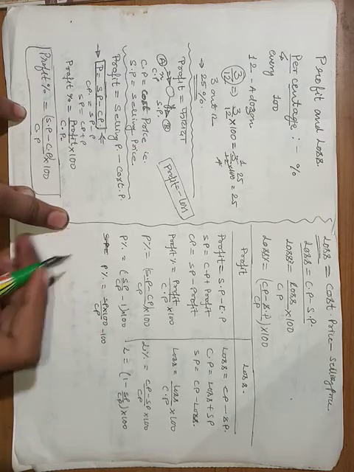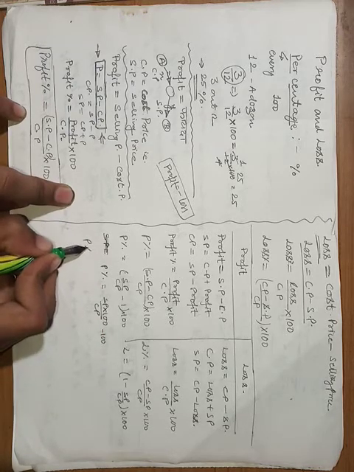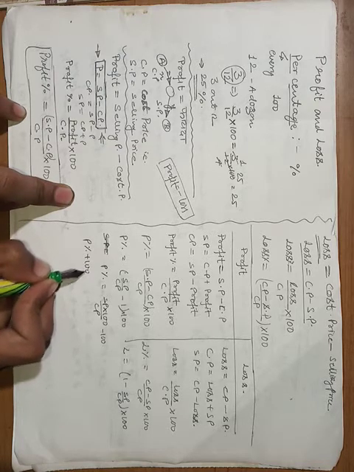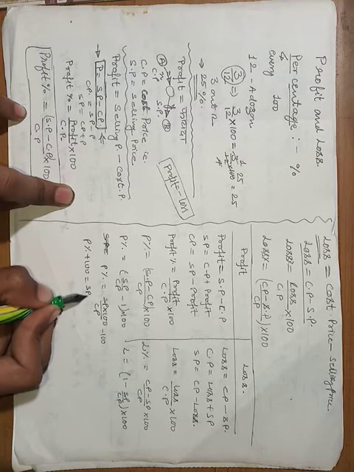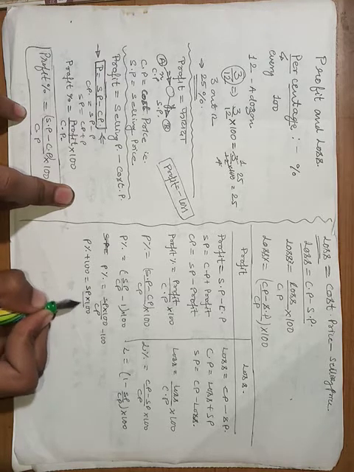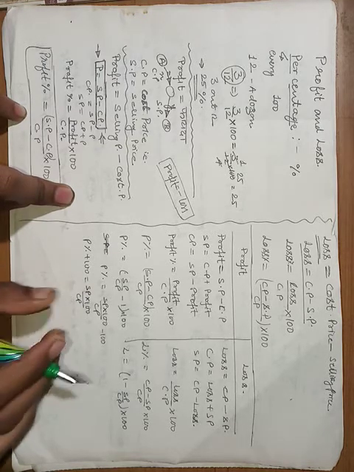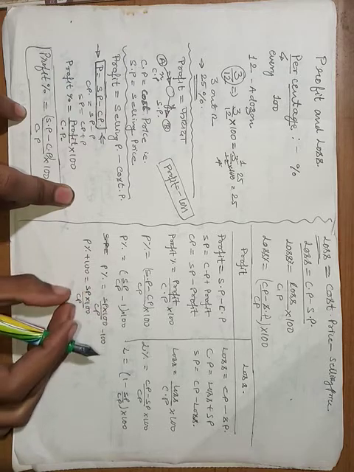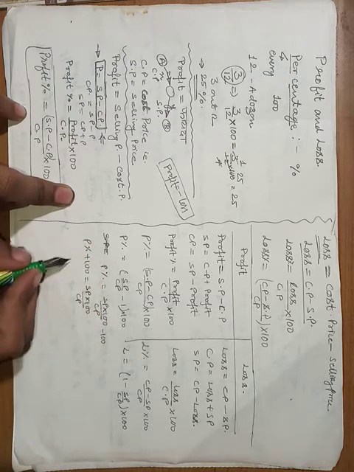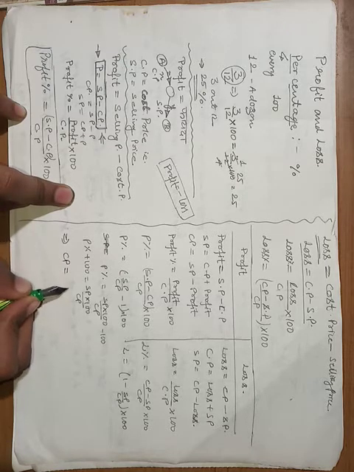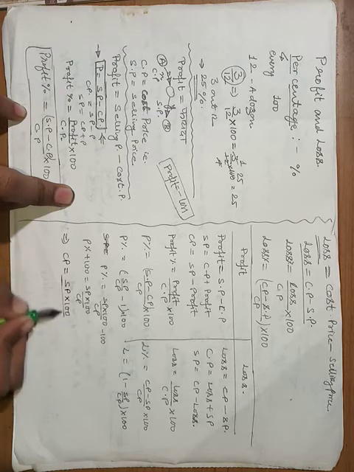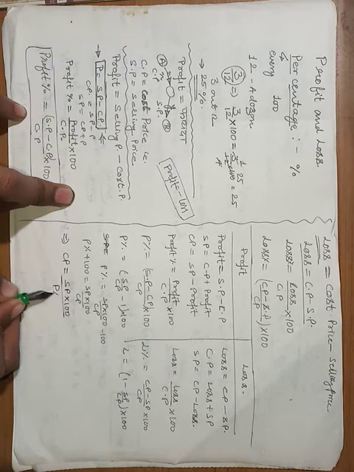So this will go here and it will become P percentage plus 100 is equal to SP into 100 upon CP. If you want to calculate CP, according to it, CP is equal to SP into 100 divided by P percentage plus 100.